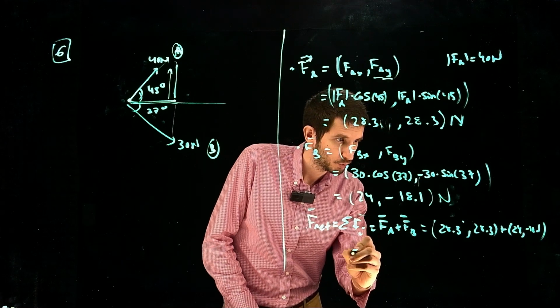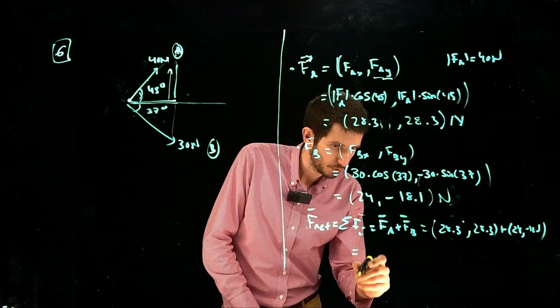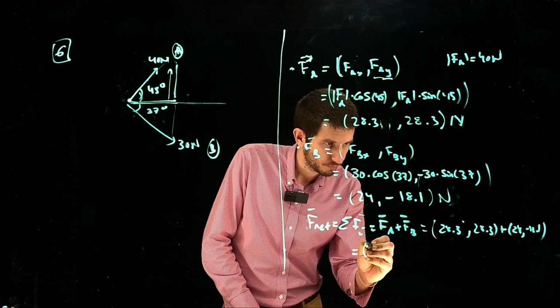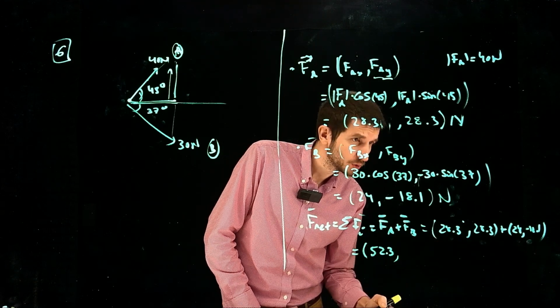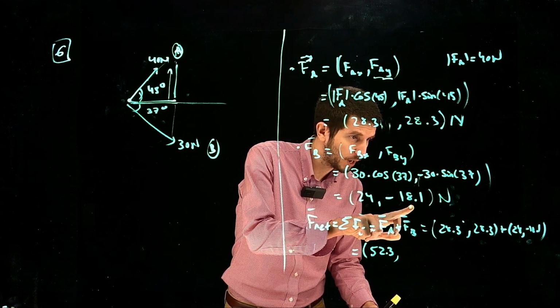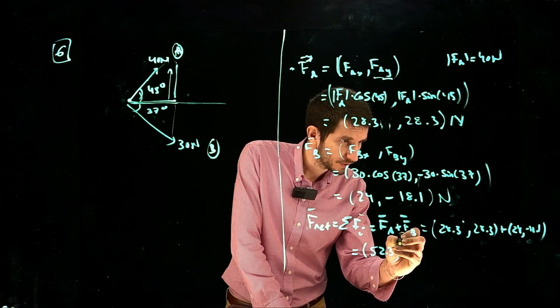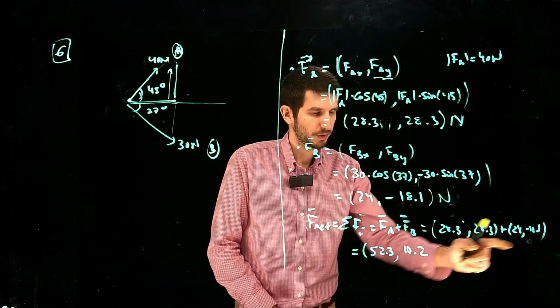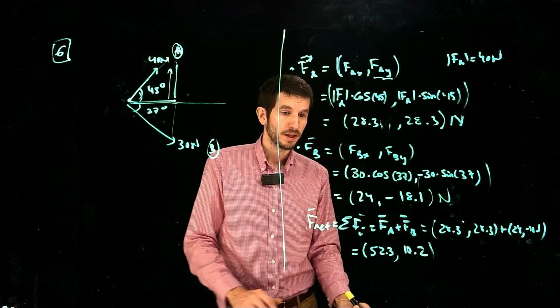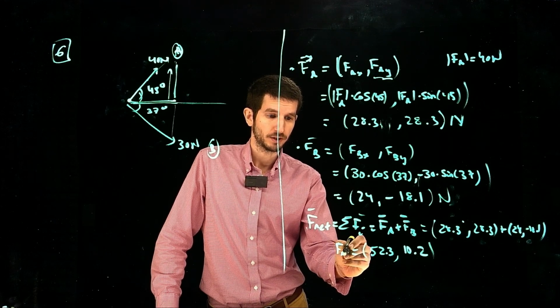And then if we add them together, that's going to be 28.3 plus 24, which is going to be 52.3, and 28.3 minus 18.1, which is going to be 10.2, and positive, right? And so that's going to be the total force acting on the object.